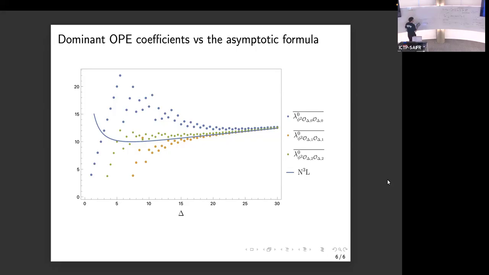You see that the only input that we need to get to our formula was the high temperature behavior of the partition function and of the one-point function. So if we have this, we can play exactly the same game as we did in free theory and get to some result. Okay, this is what we're going to do.